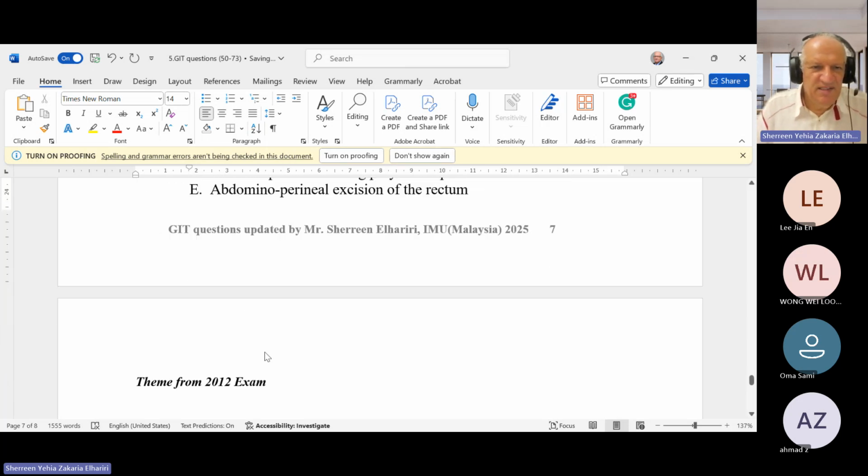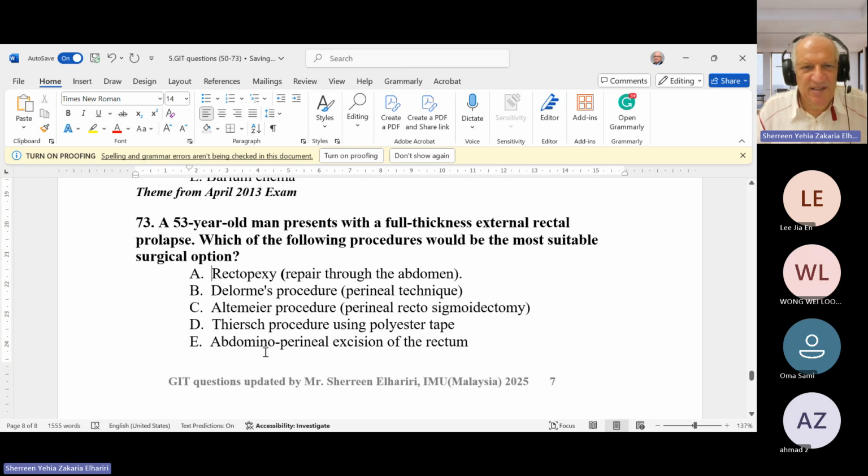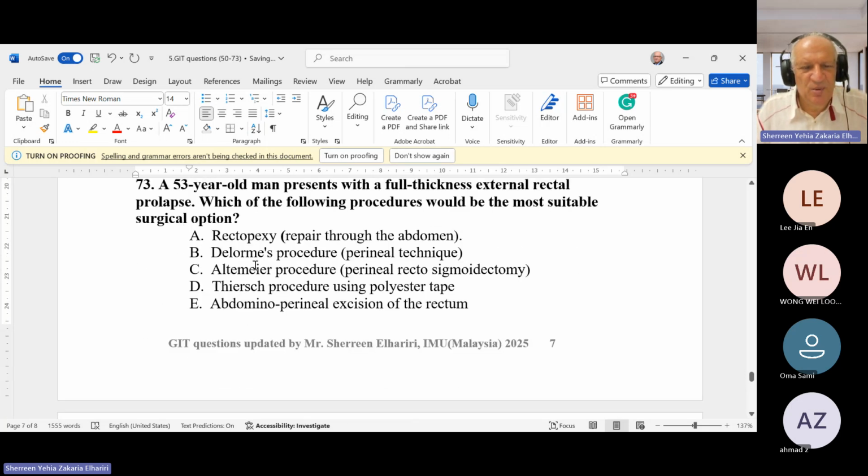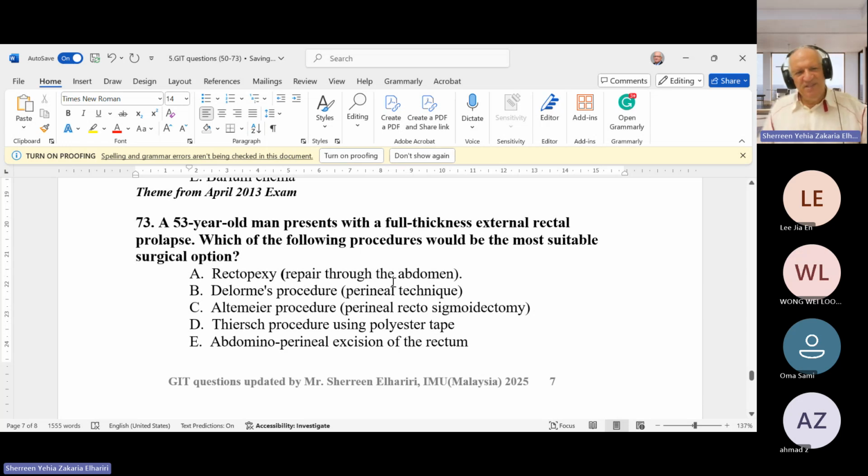This is the last question, but does anyone in the GIT know what is the complication, or what we consent the patient for in rectopexy? This is important in abdominoperineal excision and rectopexy in a male patient.